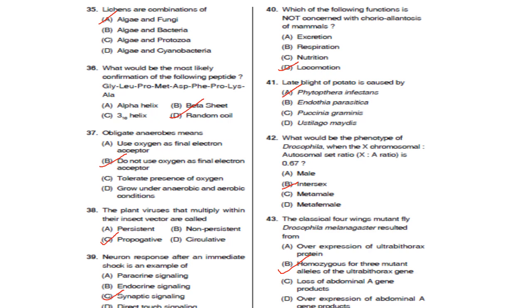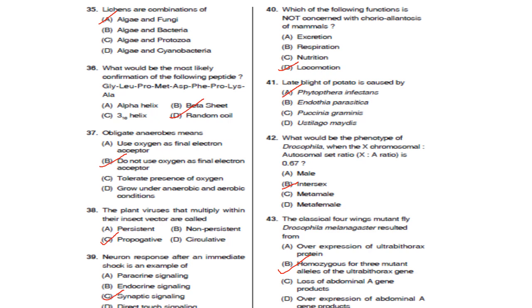And direct contact signaling is also called juxtacrine signaling and involves communication between cells that are in direct contact with each other. So neuron response after an immediate shock is an example of synaptic signaling. Answer is option C.